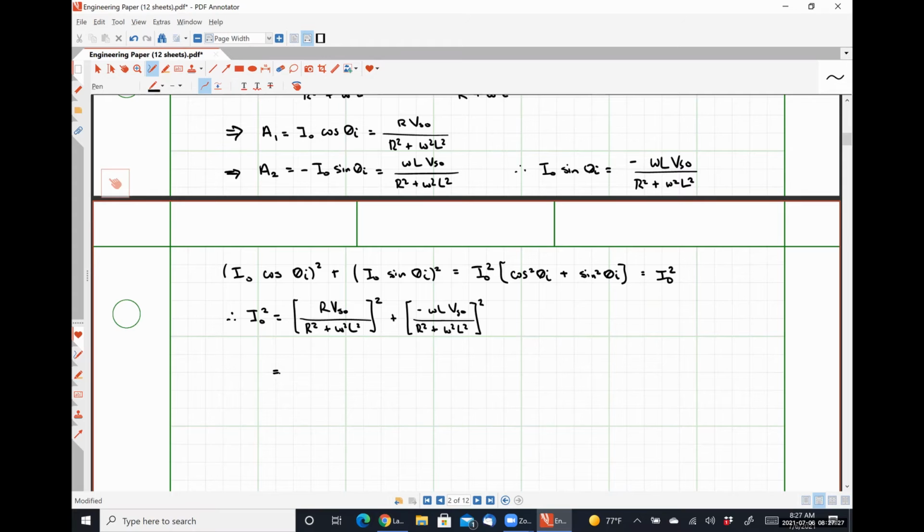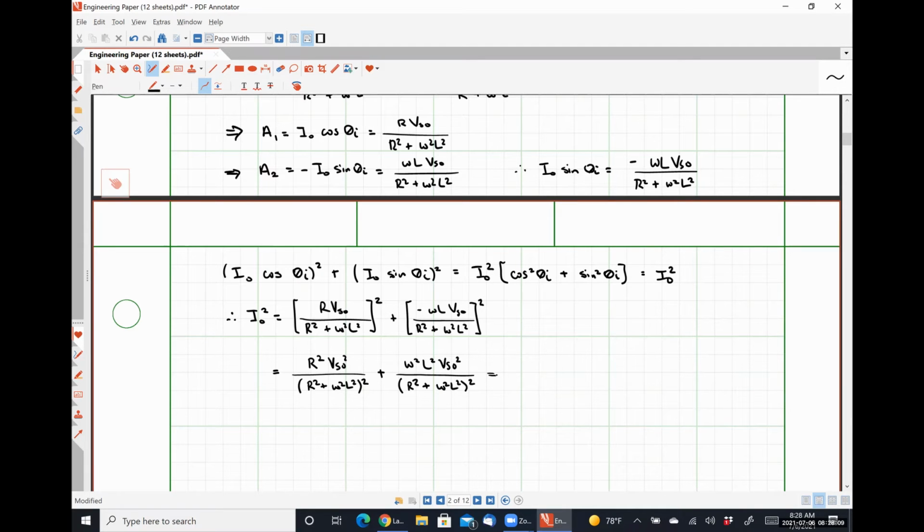So that's going to be R squared Vs naught squared over R squared plus omega squared L squared, quantity squared, plus omega squared L squared Vs naught squared divided by R squared plus omega squared L squared, quantity squared.